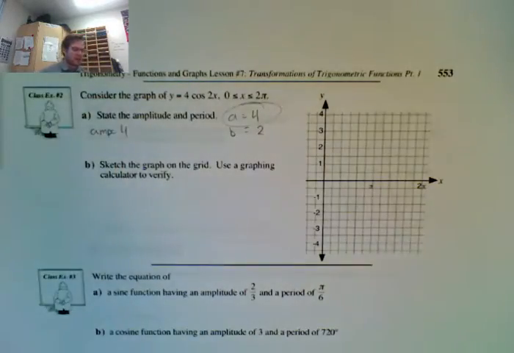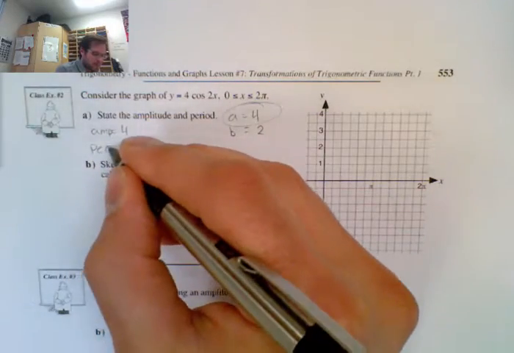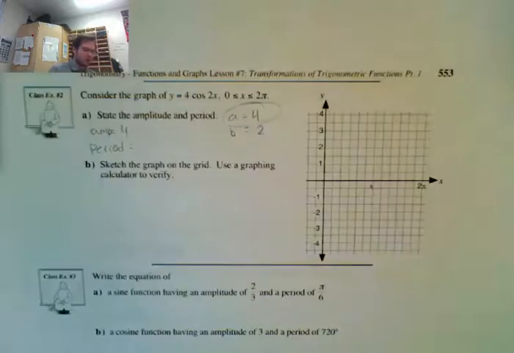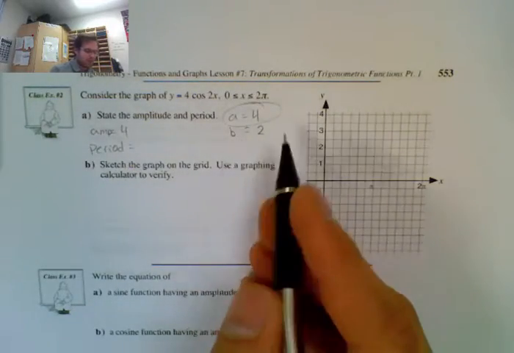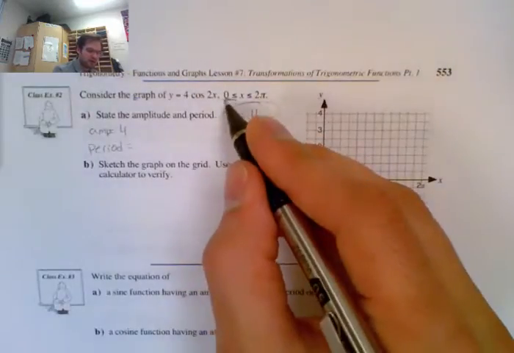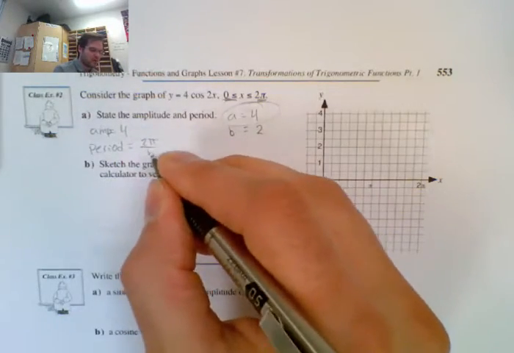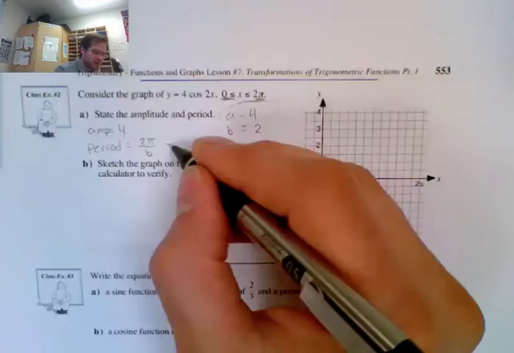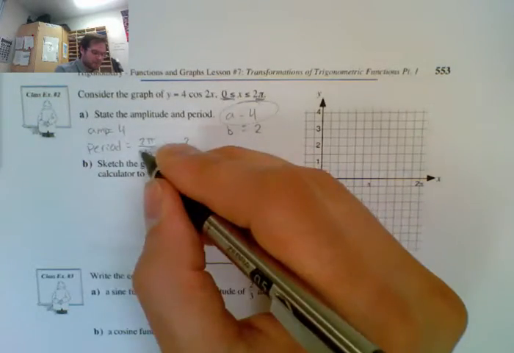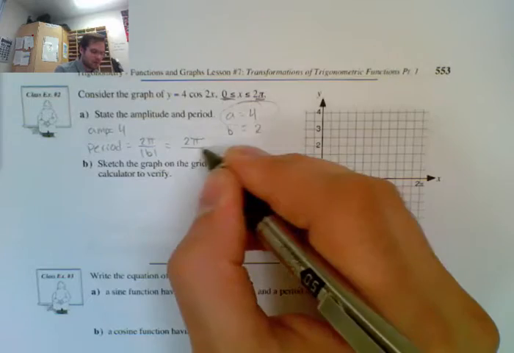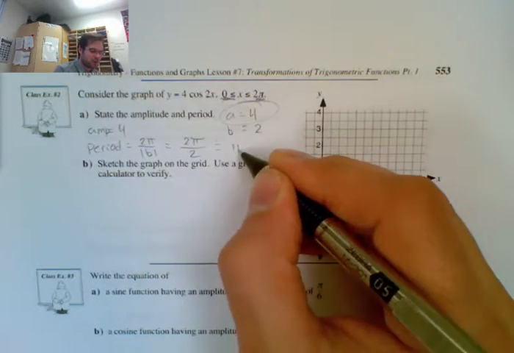Now my period is equal to 2 pi over B, because we're in terms of radians here, because we're in pi. So in this case, my period is equal to 2 pi all over 2, which is equal to pi.